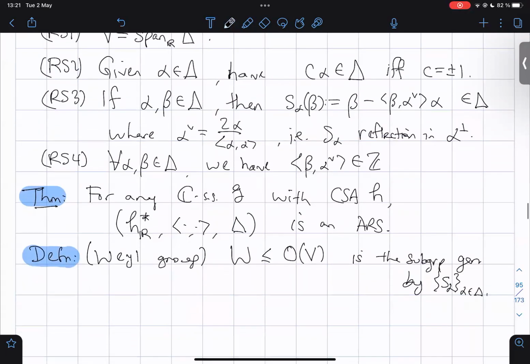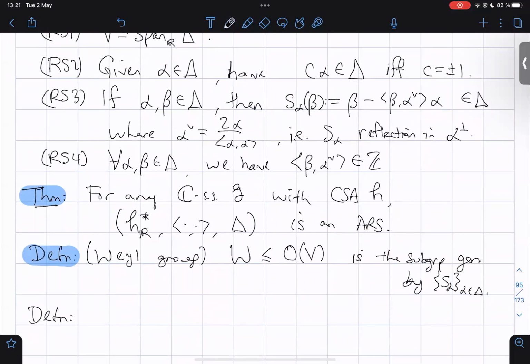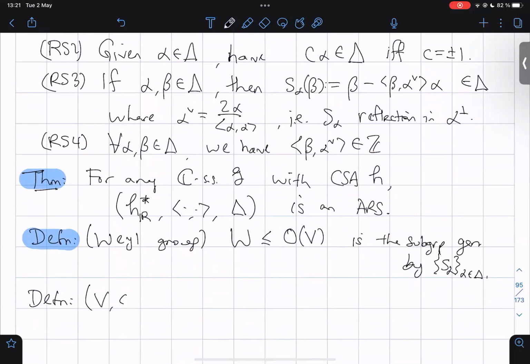Okay, second definition, as far as breaking things apart into smaller pieces.